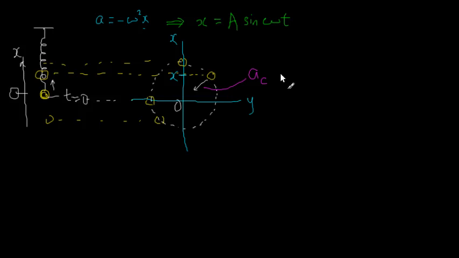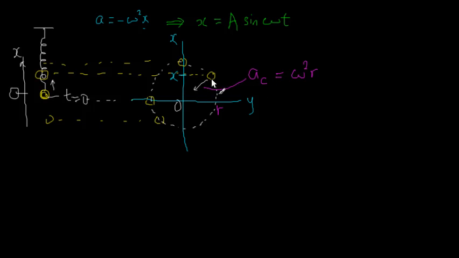But for now, let me write down the formula that I know for the centripetal acceleration. It is equal to, well, one of the expressions is omega squared r, if you remember, where r is the radius of this circle. So for example, from there to there would be r. Okay, so I have that.